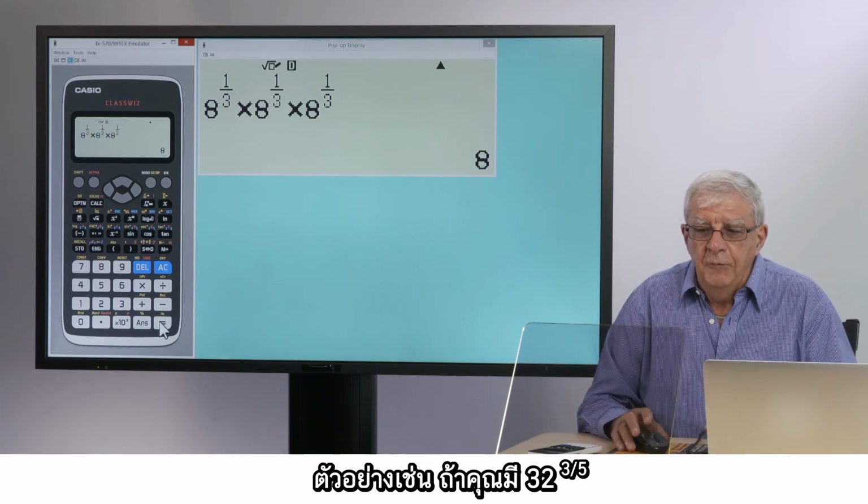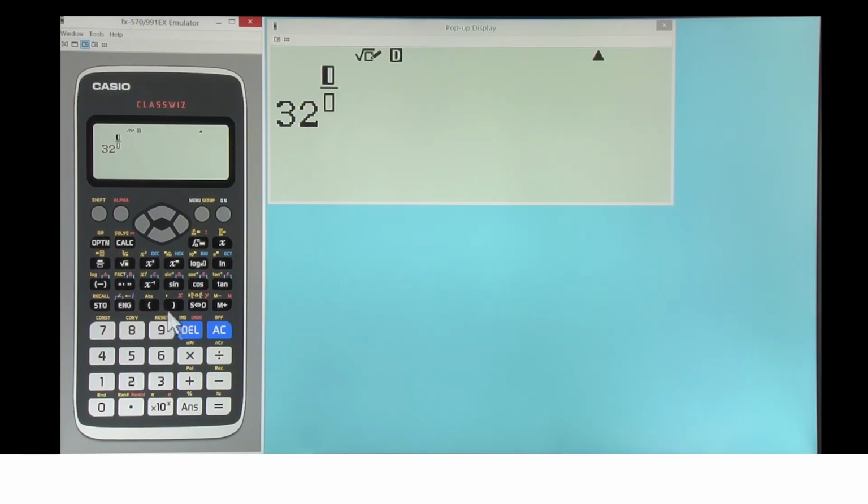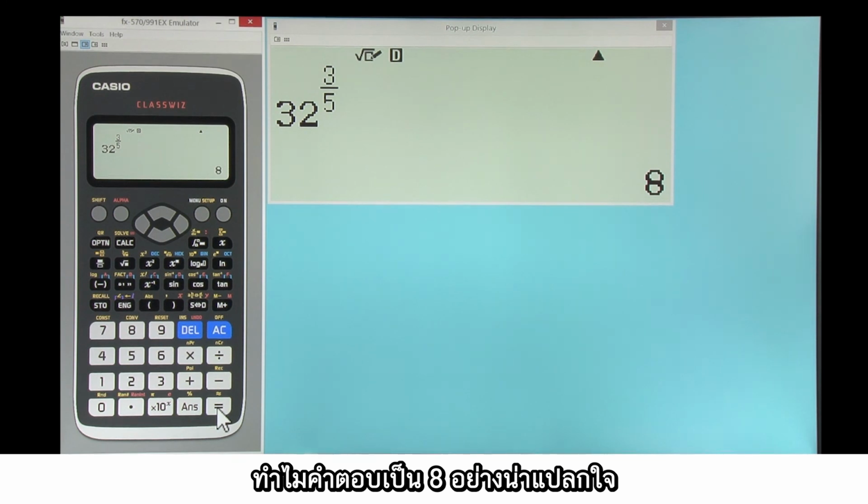For example, if you consider 32 to the power 3/5, students can use the Class Whiz to think about this in various ways. The result is surprisingly 8.